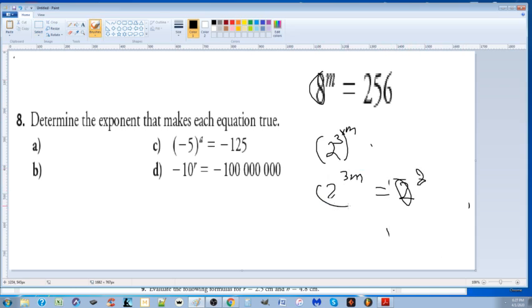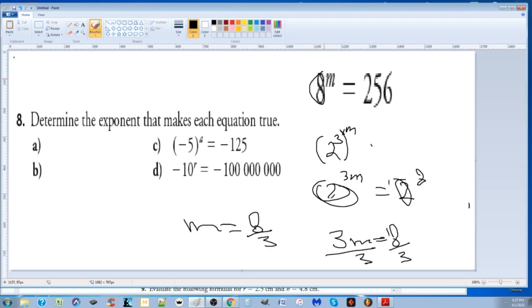Well, if these are the same, I can now just say, when will 3m equal 8? Well, divide by 3. Divide by 3. m has to be equal to 8 over 3. That's bizarre. Now, that's in the power of 2, not in the power of 8.